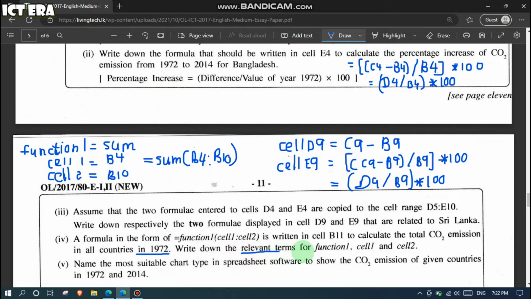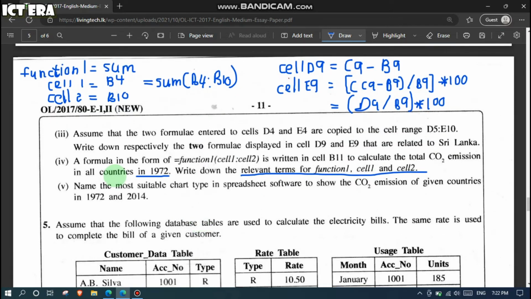Write down the relevant terms for function 1 cell 1 and cell 2. So write this, and after that you can write this. Name the most suitable chart types in the spreadsheet to show the carbon dioxide emission of given countries in 1972 and 2014.